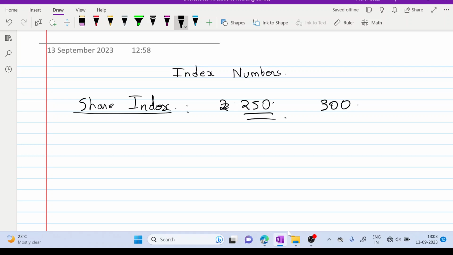How much is the percentage increase in this case? The percentage increase is 20%. 300 minus 250 divided by 250 into 100, that's 50 upon 250, that's 1 upon 5 into 100, that is 20%. So it has increased by 20%.